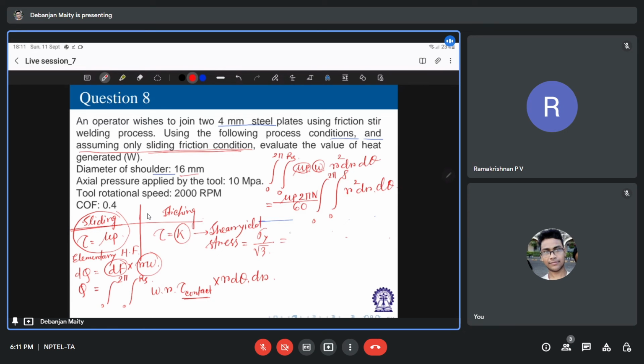Now mu is your 0.4, that into 10, that into 2 pi into 2000 by 60, that into, this is your constant term, that into 0 to 2 pi. This is r cube by 3, so 8 cubed by 3 into d theta.